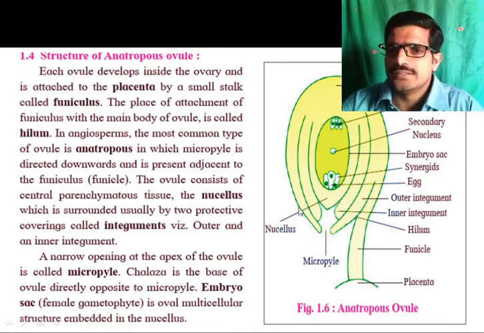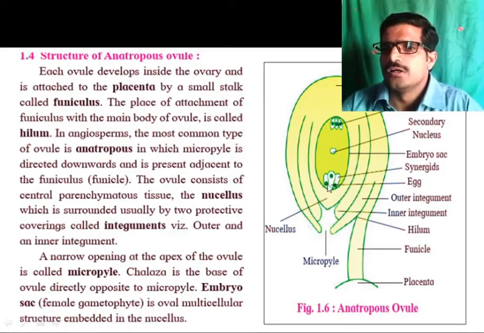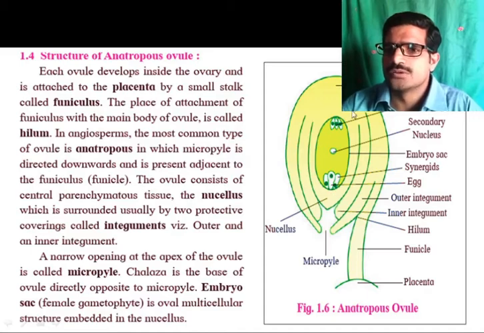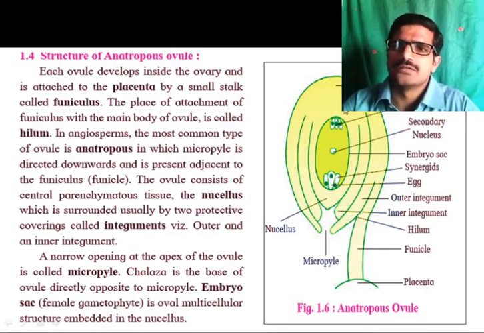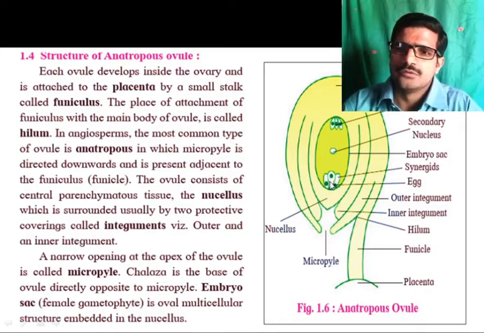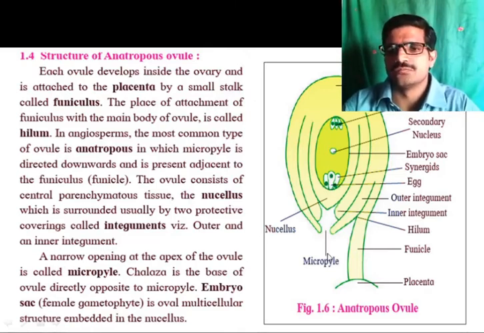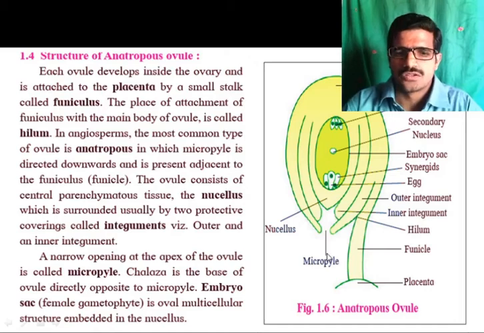The nucellus is made up of parenchymatous cells and plays an important role in the formation of the embryo sac, which represents the female gametophyte. It consists of the secondary nucleus, three antipodal cells toward the chalazal region, and three cells toward the micropylar region, of which two are synergids and one is the egg cell. So this is about the structure of the anatropous ovule.